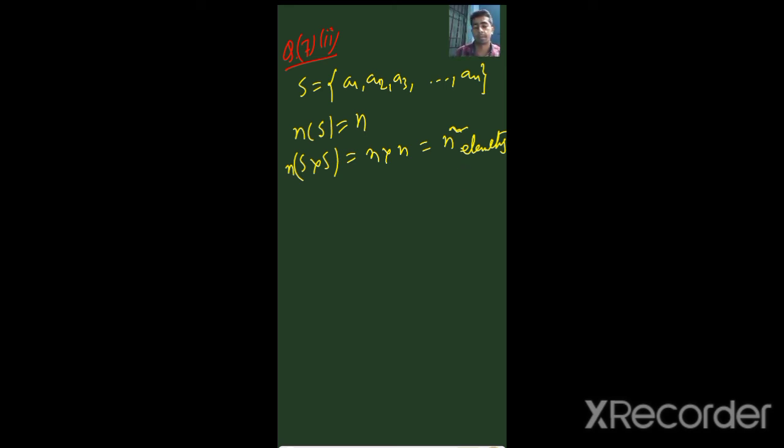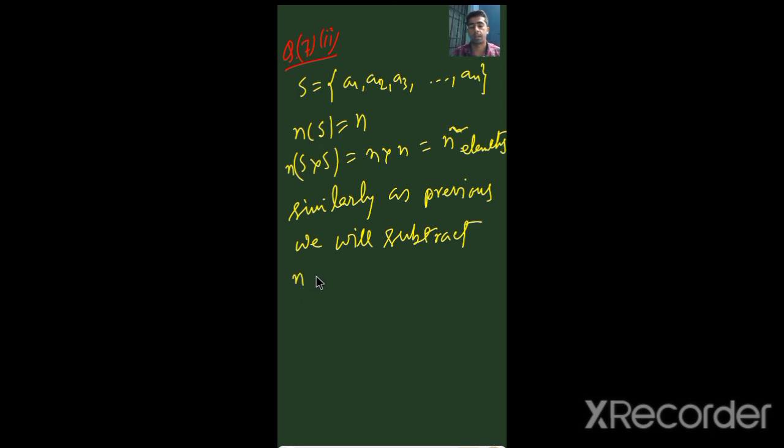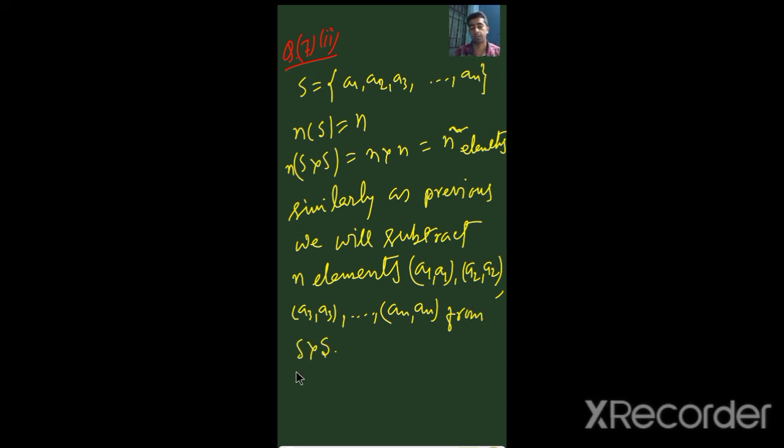Similarly, as previously, we will subtract the n elements (A1, A1), (A2, A2), (A3, A3), ..., (An, An) from S cross S. Then it will contain n square minus n elements.